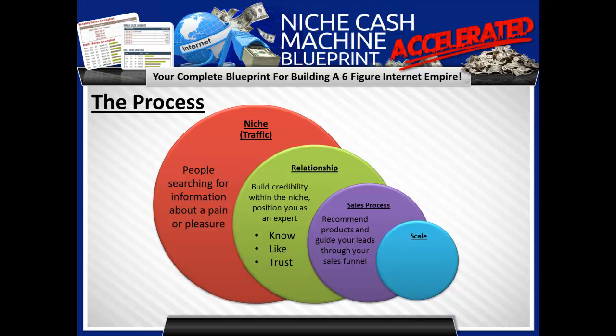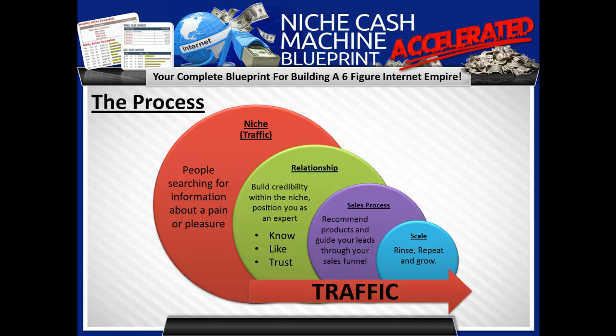And now this is where the money is made. And now after that, it's time to scale our business, and you're going to rinse, repeat, and grow the entire process. And this is where we double, triple, quadruple our money.